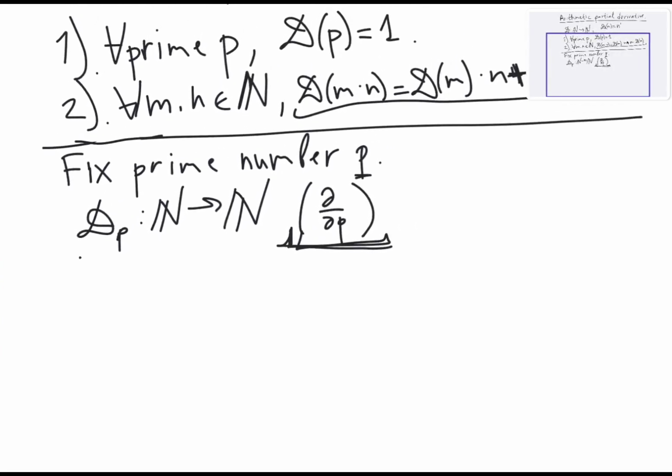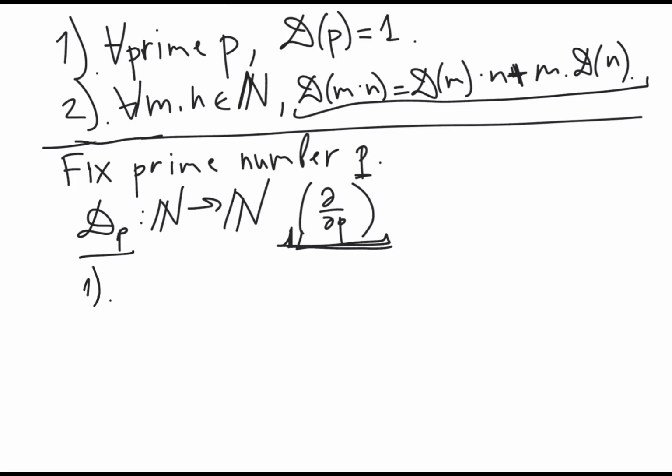This partial derivative is defined by two properties. First, for this prime number p that we fixed, d of p is equal to 1.